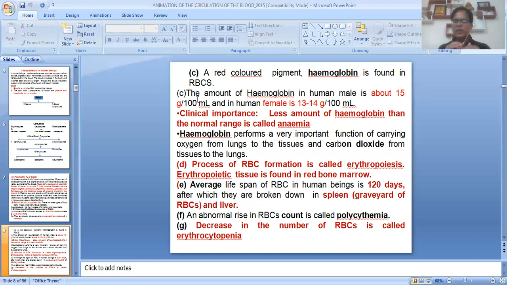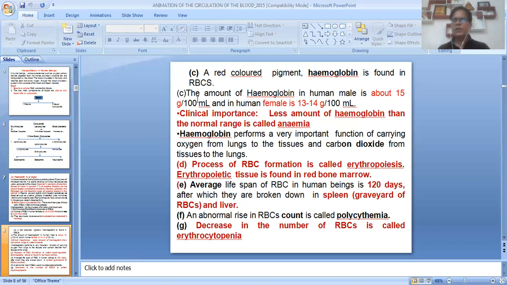An abnormal rise in RBC count is called polycythemia. The question I asked you earlier also: what do you mean by polycythemia? When RBC count starts increasing abnormally, that's called polycythemia, right? And when the number of RBC starts decreasing abnormally, we say erythrocytopenia.